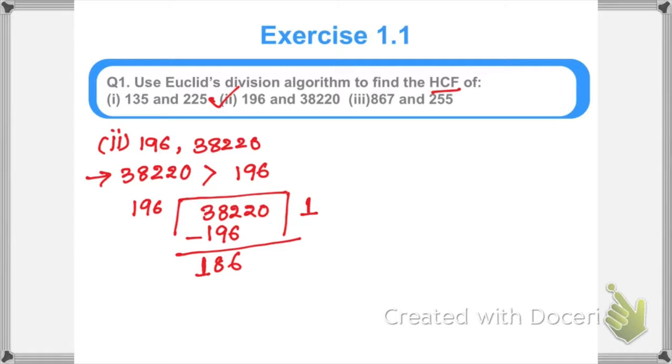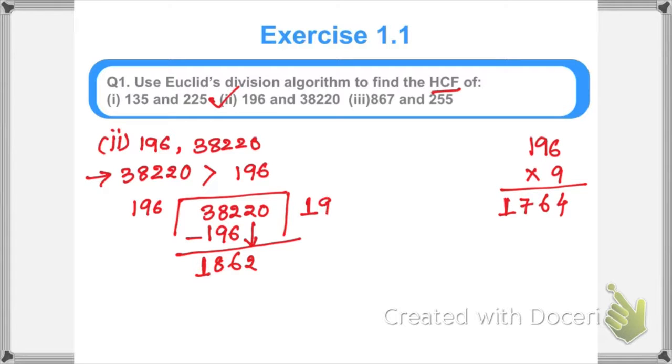8 1. Here taking this 2 down, will again multiply 196. If we multiply 196 by 9, you'll get 1764.